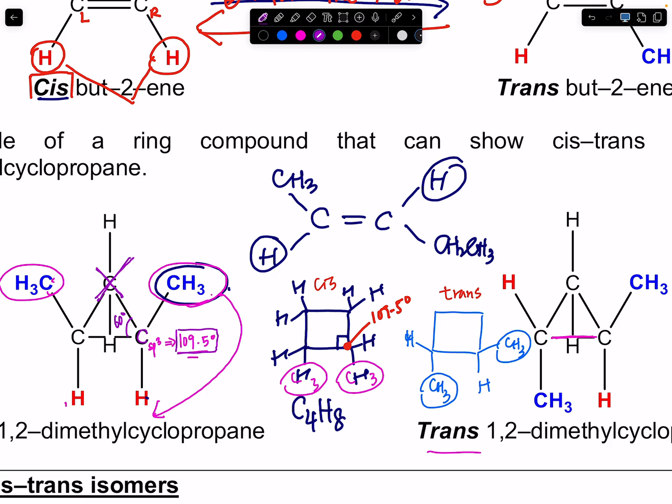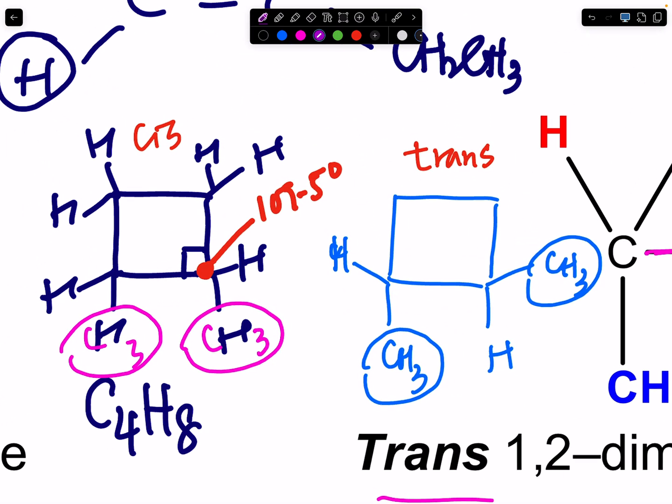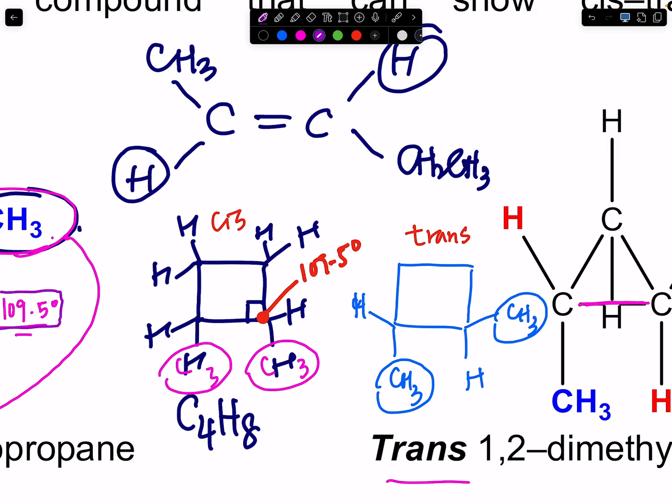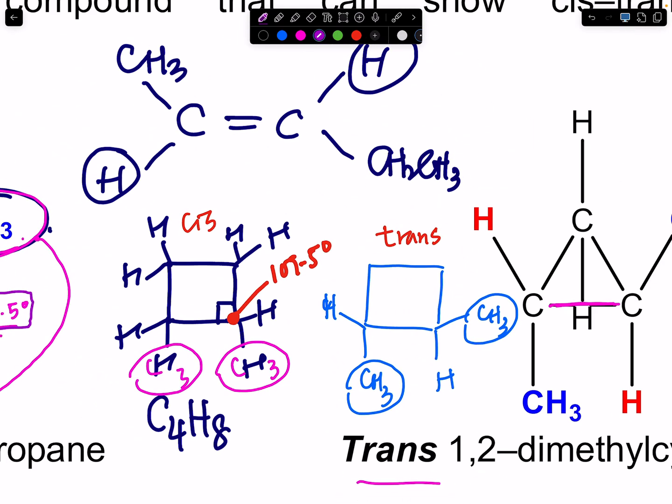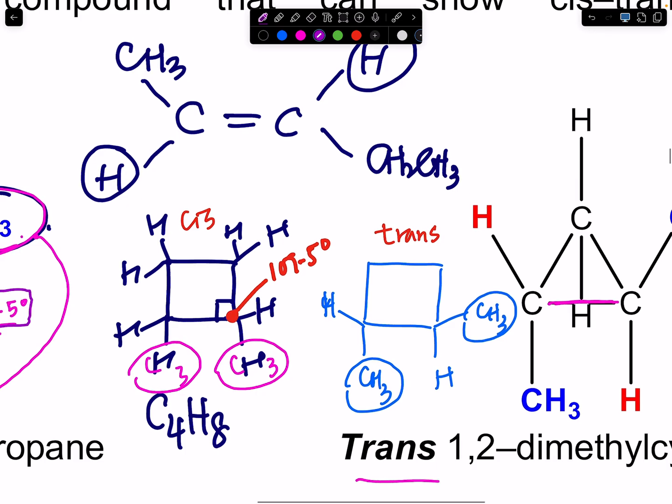Alright? Clear, guys? Now, to complete your learning, your syllabus covers carbon 3 and carbon 4. Am I right, guys? Now, the angle in a square is 90 degrees. Are you able to see that? But the recommended angle for sp3 carbons is 109.5, correct? Do you all agree?